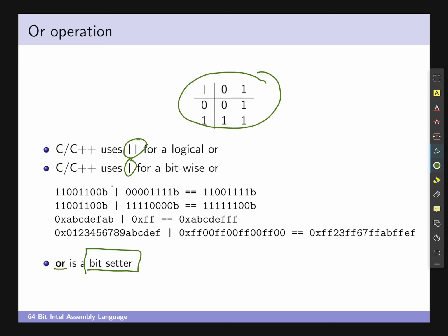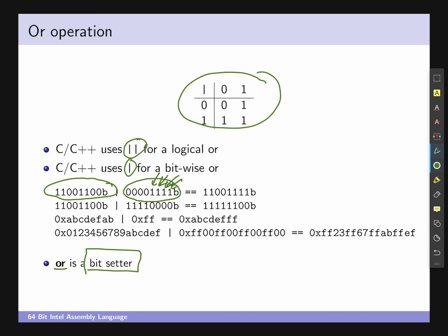And the way in which you interpret this is very similar to what we did in the context of the AND. So you think of your left operand as being the bit string you wish to manipulate. And the second one, or the right-hand operand, is the way in which you would want to manipulate that string. So in this case, I want to set the first bit, the second bit, the third bit, and the fourth bit.